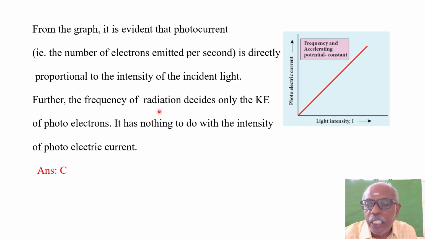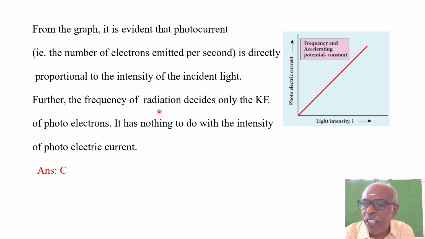Further, the frequency of radiation decides only the KE, that is, the kinetic energy of photoelectrons. It has nothing to do with the intensity of photoelectric current. You must understand the difference between the kinetic energy of electrons and the intensity of current.